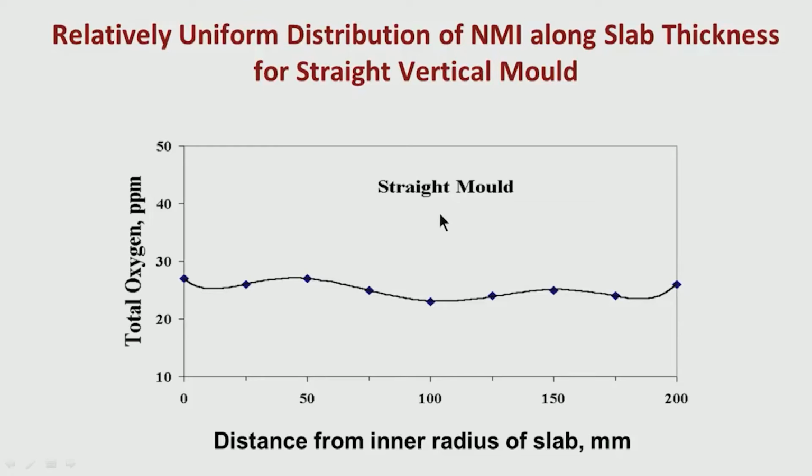So for a straight mold we find that the distribution of total oxygen, that means the distribution of oxide inclusions, is not that bad, is more or less uniform along the thickness of the slab. This is the top portion, this is the bottom portion. This is the inner radius, this is the outer radius of the slab.